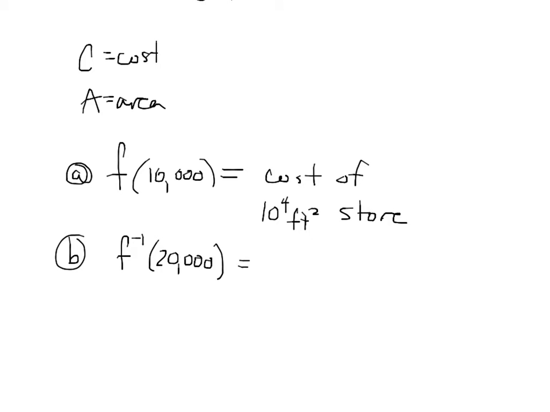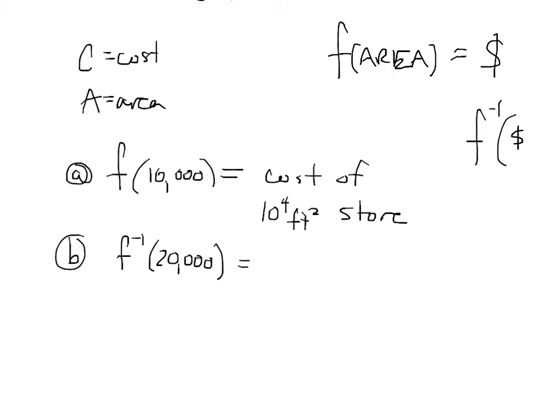The input, so F takes area and outputs dollars, which means F inverse takes dollars and outputs area. Okay. This is on one level just purely mechanical. We swap domain and range for inverse functions.